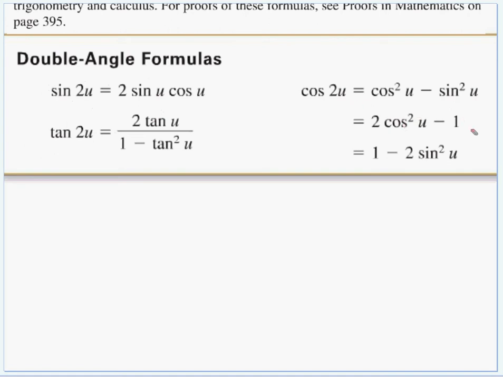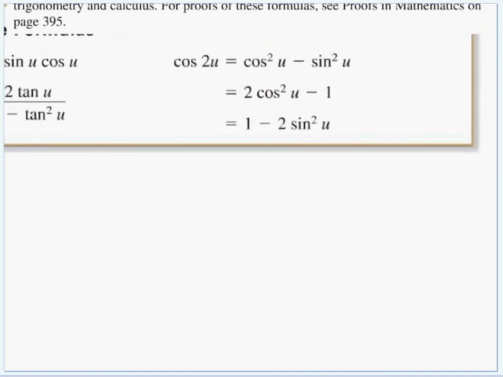Same with tan. But with cos, we have options. Option 1 has cos squareds and sine squareds in it. And again, notice the angles are down to just u. If we only want coses, we could use option 2: 2 cos squared minus 1. We would take this sine squared and replace it with 1 minus cos squared, then distribute the negative and collect like terms.